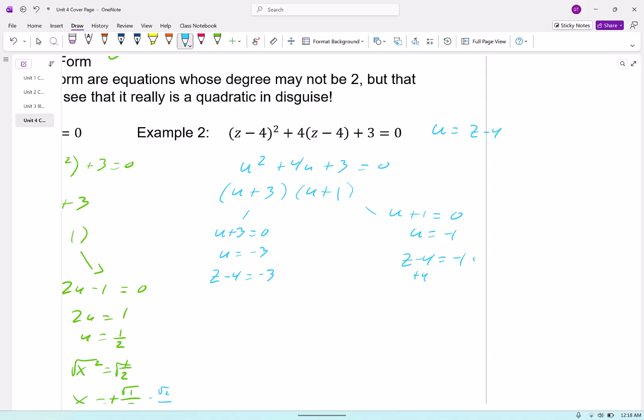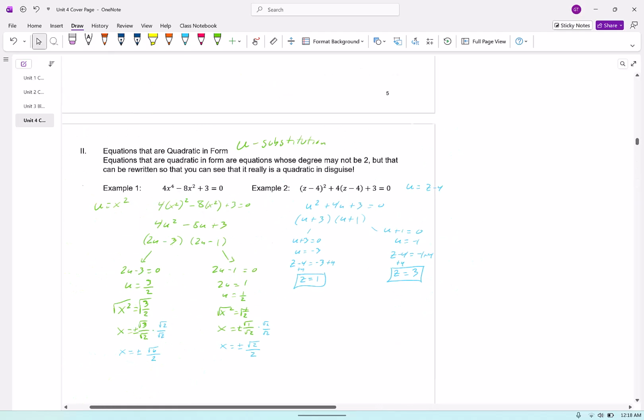I add 4 to both sides, I get z equals 3. I add 4 to both sides, I got z equals 1. So those are my answers to this one.